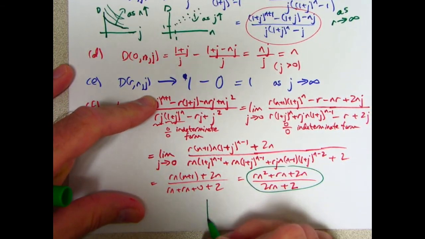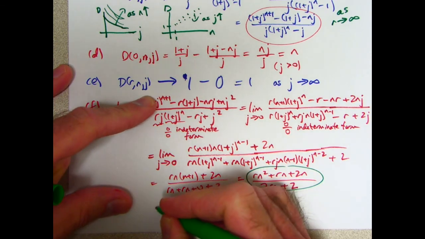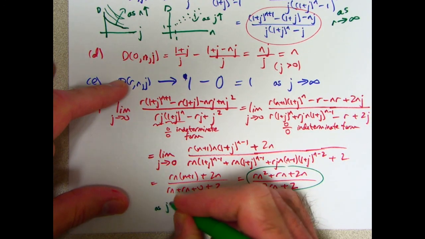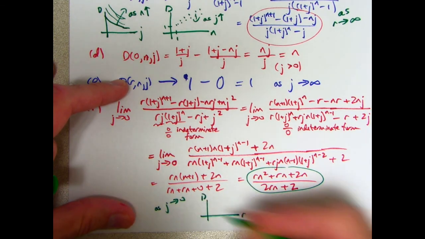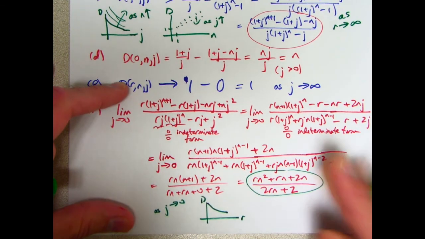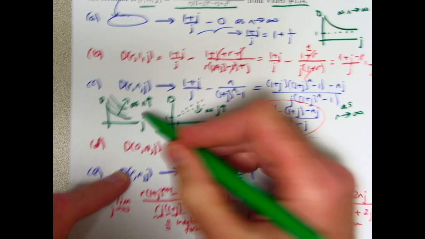If you graph the limiting value of the duration as j goes to 0 as a function of r, it's a decreasing function of r, just like it was a decreasing function of j here.